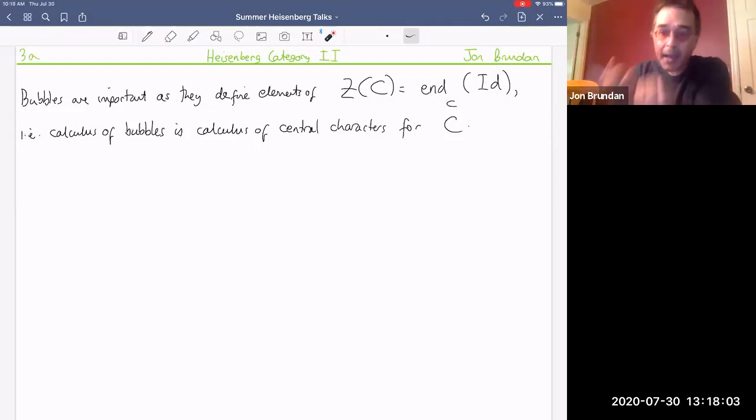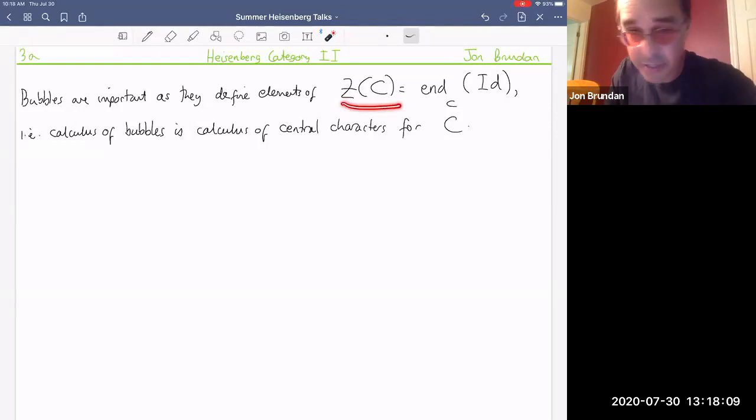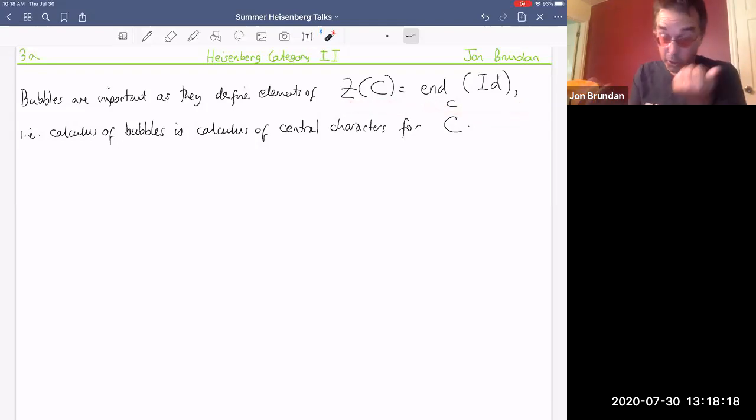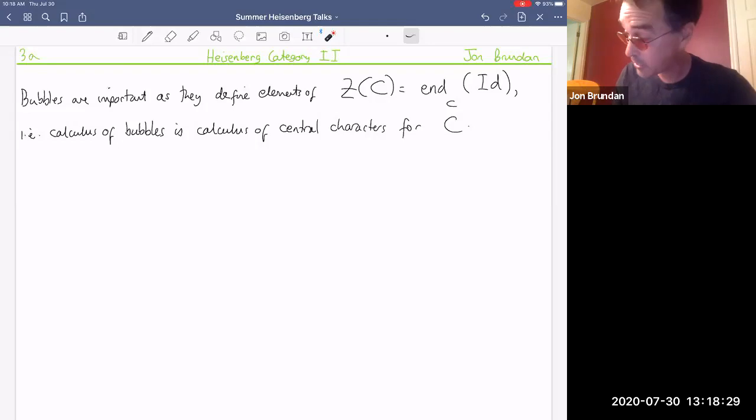So when you're acting on this Abelian category C, these dotted bubbles define elements of the center of the Abelian category C. The center just means endomorphisms of the identity functor on C. So if you want to understand things like central characters of this Abelian module category C that you're acting on, you need to really understand these dotted bubbles. So this calculus of bubbles, that's really the calculus of central characters for this Abelian category C that we're acting on.